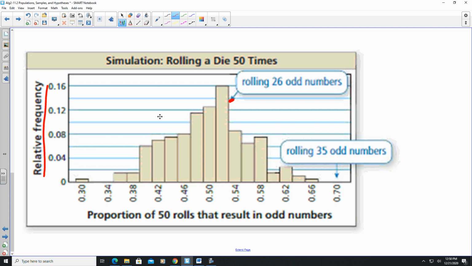So we get a relative frequency of about, I think, 0.14. And on the other side here, 0.7 is not even on the chart. So it's almost close to 0.